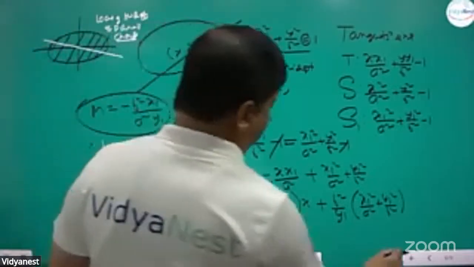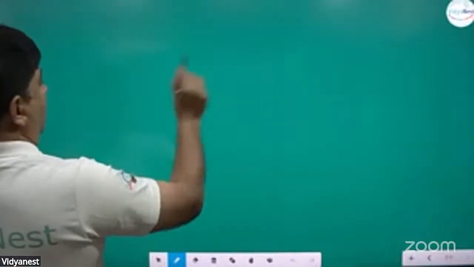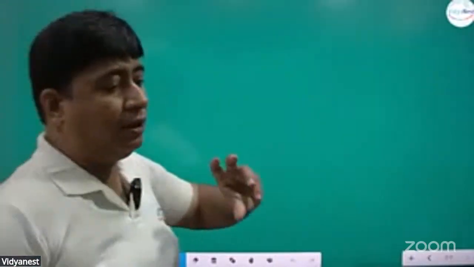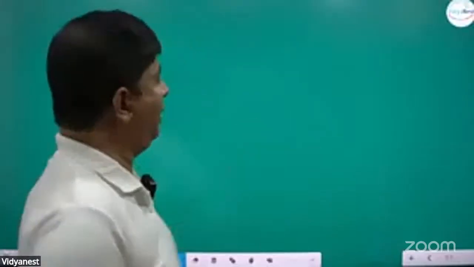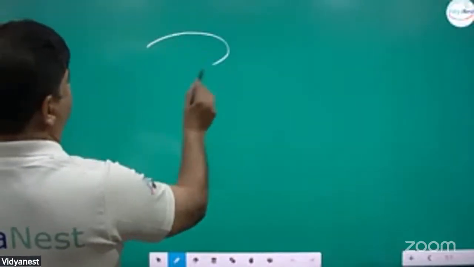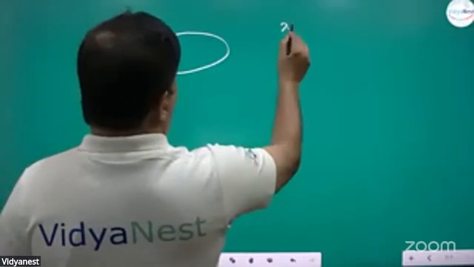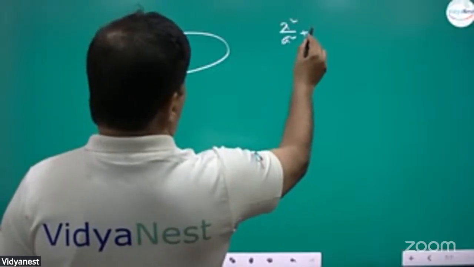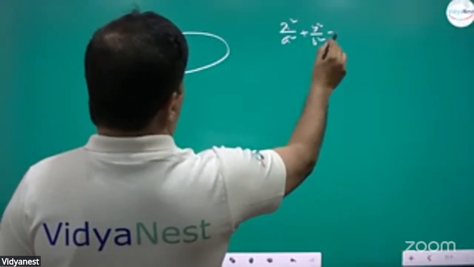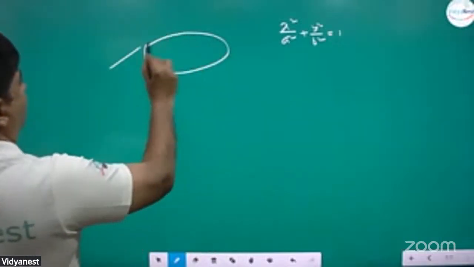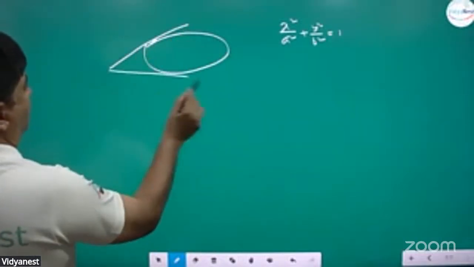Now, earlier you got the condition of perpendicular tangents. Now, if any two tangents are drawn to x square by a square plus y square by b square equal to 1, everything is proved, but that type of proof in parabola and circle we did. Any two tangents are drawn.